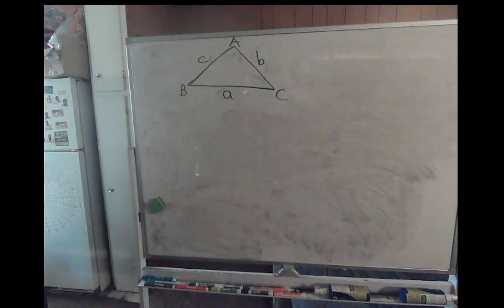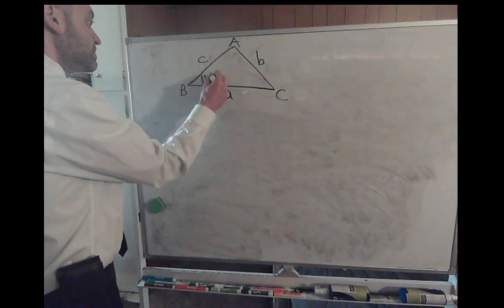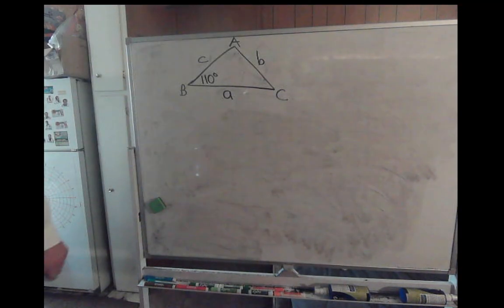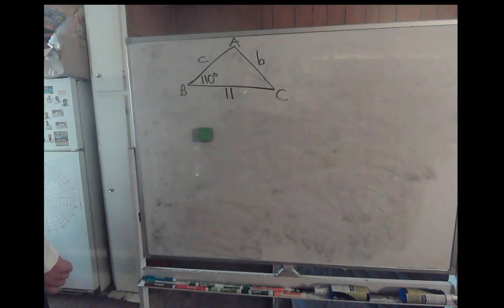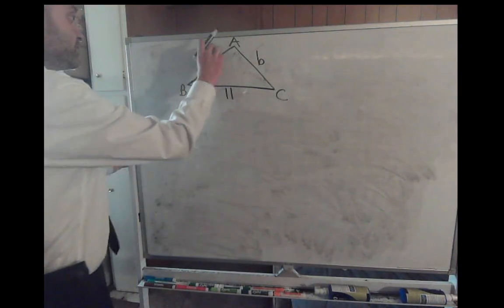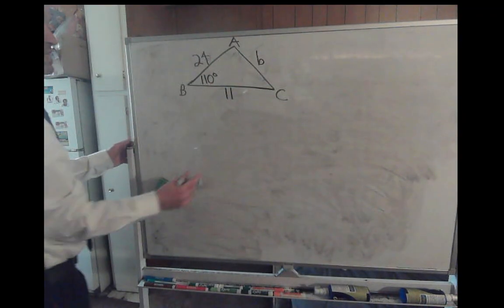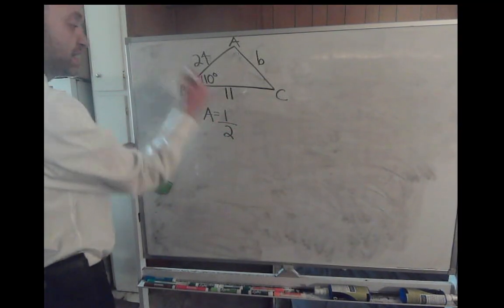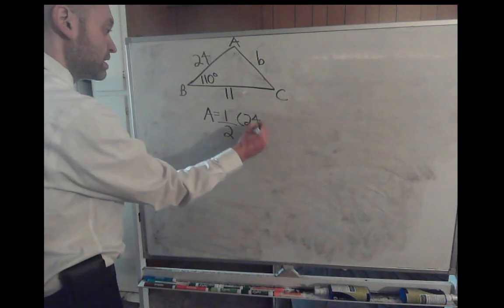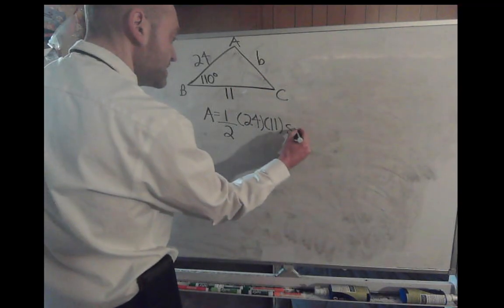We have angle B is 110 degrees, side A is 11, and side C is 24. The area in this case would equal 1/2 of 24 times 11 times the sine of 110 degrees.